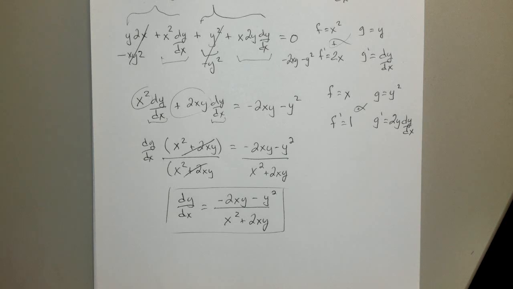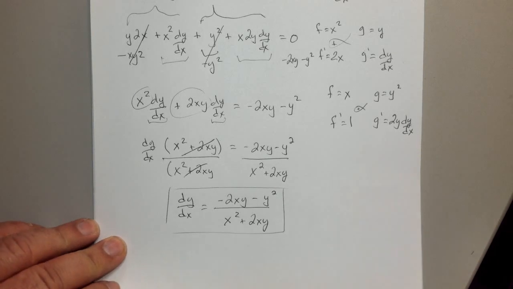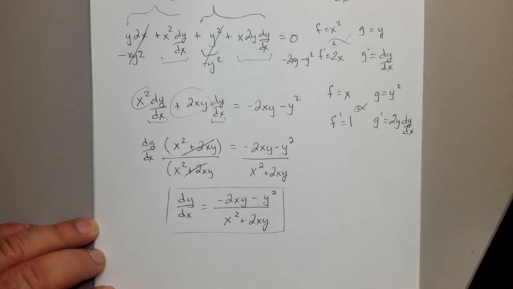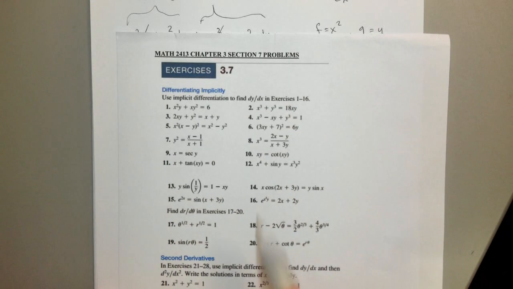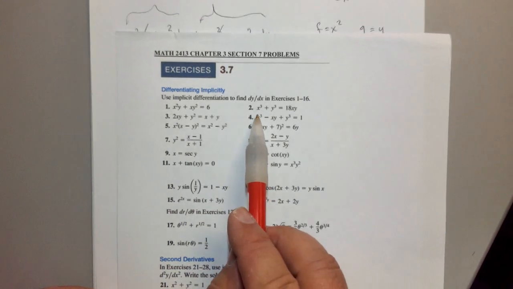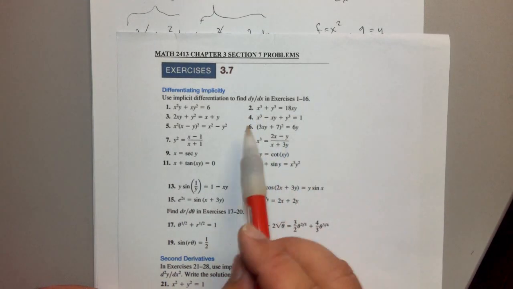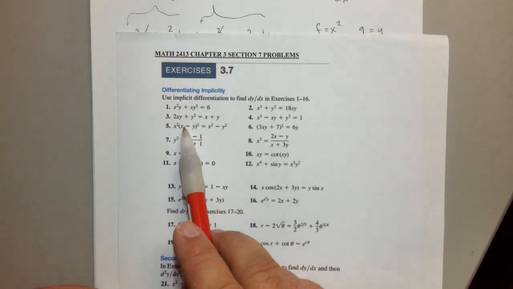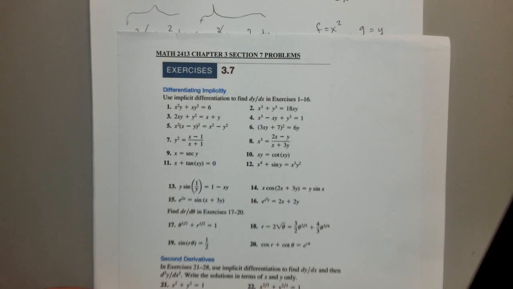Let's just go straight down the odd numbers. Let's look at number 2, because it's got x's and y's on both sides. So does that one. Which one do you do, 2 or 3?